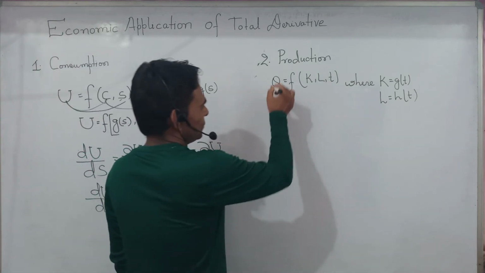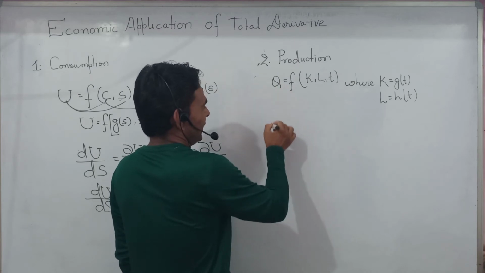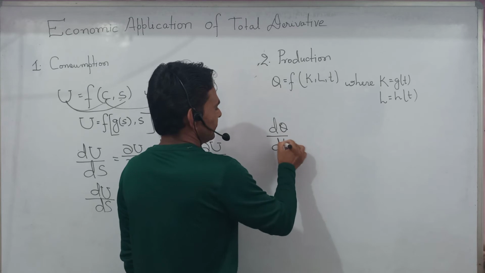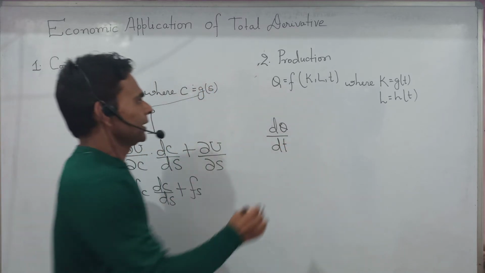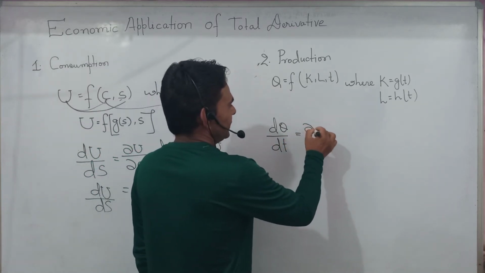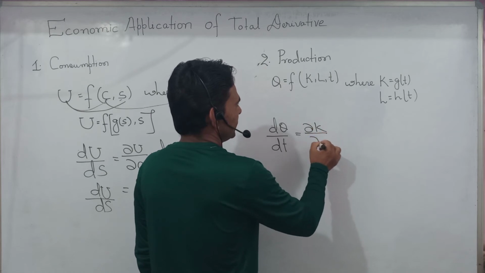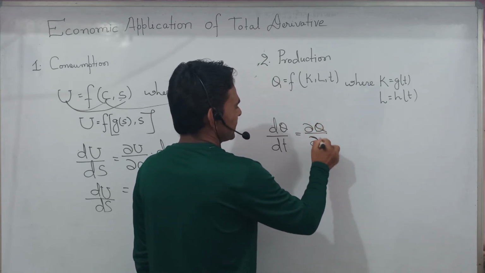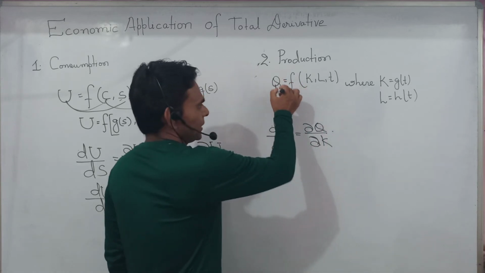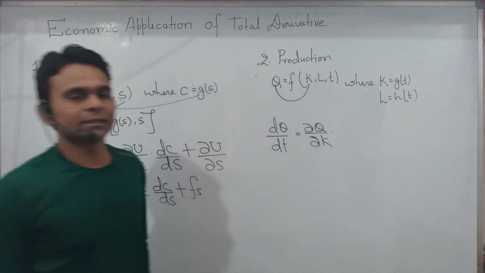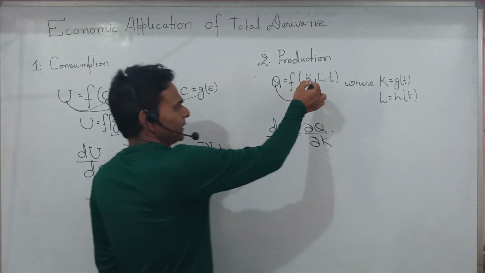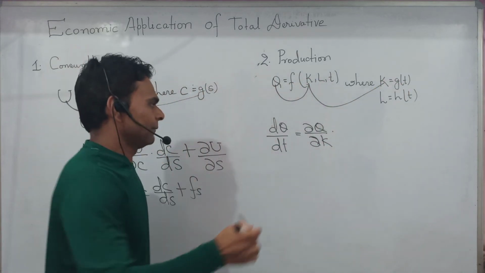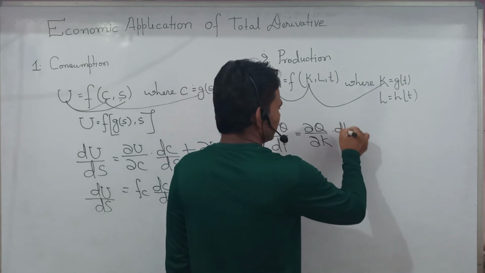So first we need to apply the total derivative of the production function with respect to t. Okay, first take the partial derivative of q with respect to k. First, q depends upon k, and k also depends upon time, dk by dt.